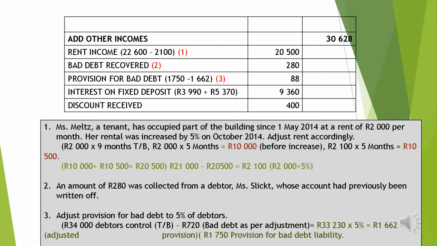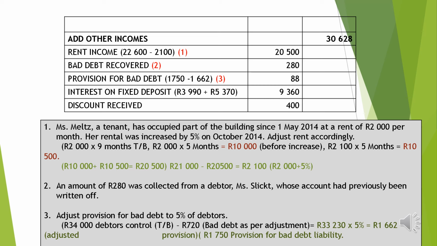Then we have 5 months before taking into account an increase, which will give us 10,000 rand. Then here we also have what? For another 5 months when it is 2,100 now.